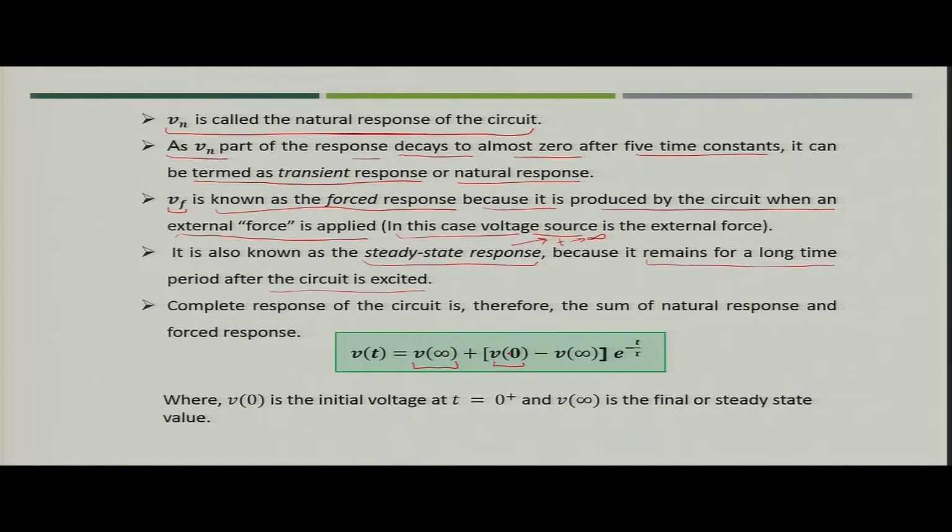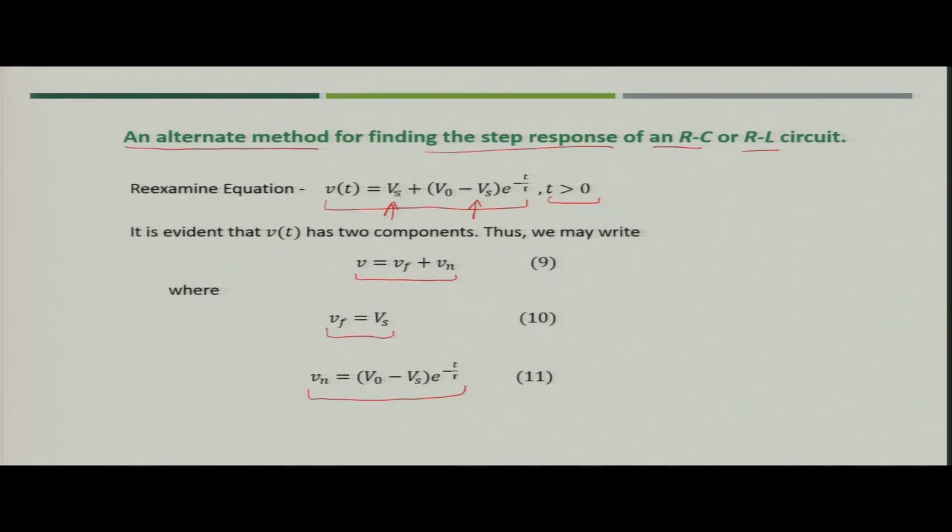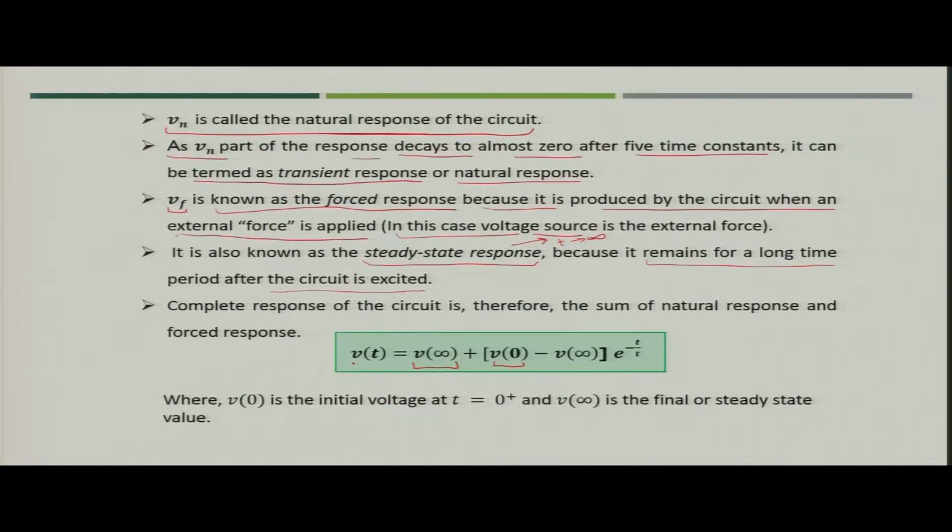So, this equation can be equivalently represented as V(t) equal to V(infinity) plus (V(0) minus V(infinity)) times e to the power minus t by tau.